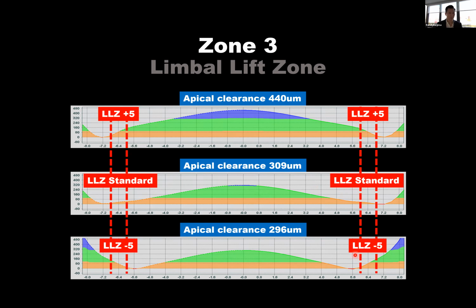And I've rarely had to do this, if I needed less limbal lift zone, if I want to lower the vault over the limbus, then I can decrease the height of this zone. The only time I've ever had need to decrease the limbal vault, I always feel like more limbal vault is healthier, it's safer. If you need less, it's normally because we're creating conjunctival prolapse.